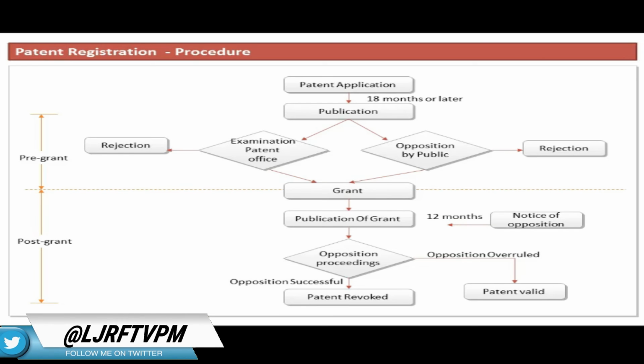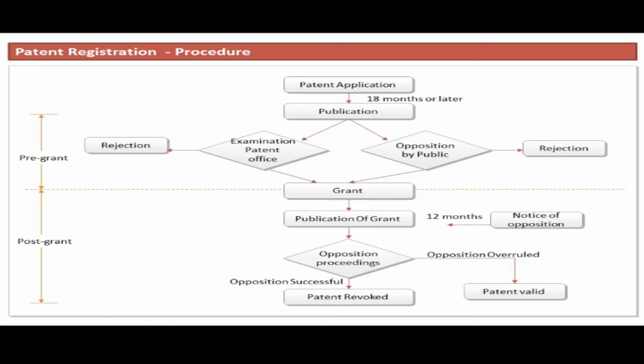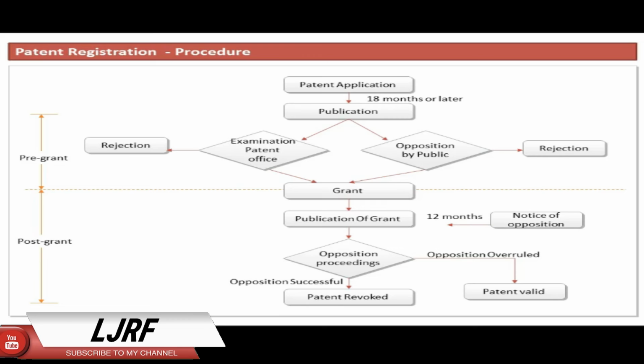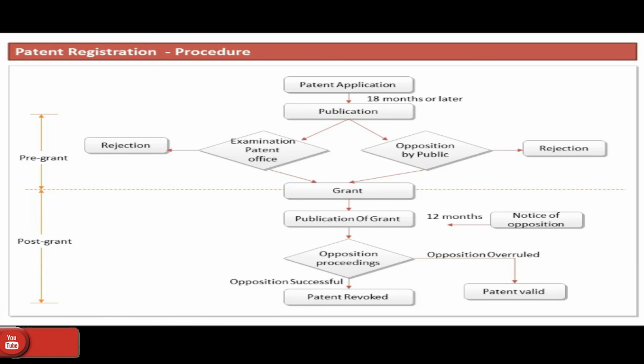You need to have opinion from the public also. So after examination and all the procedure that might happen there, if there is some kind of objection, you go for opposition from the public. There is a stipulated period for people to oppose, and there is a specific period.